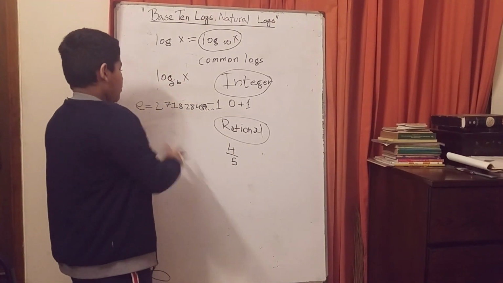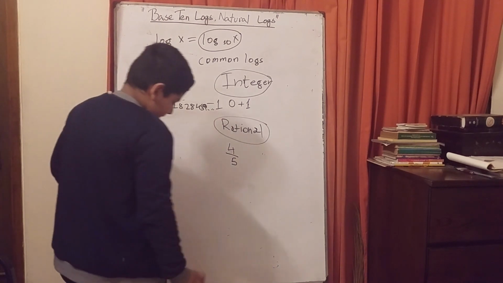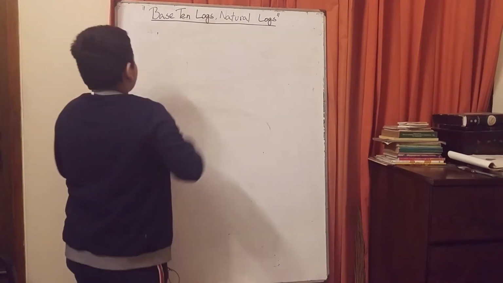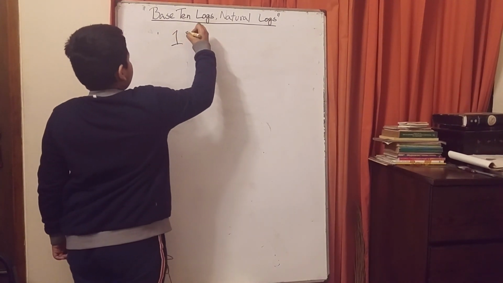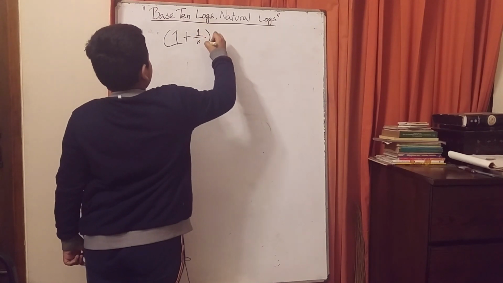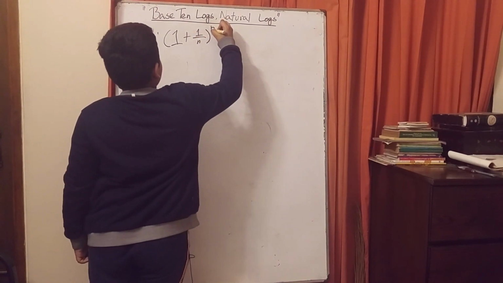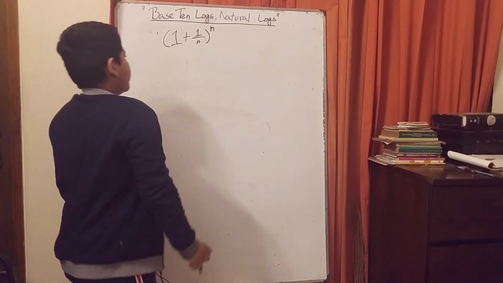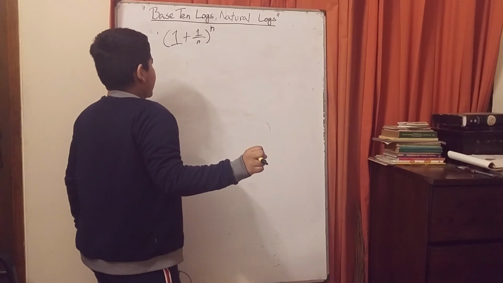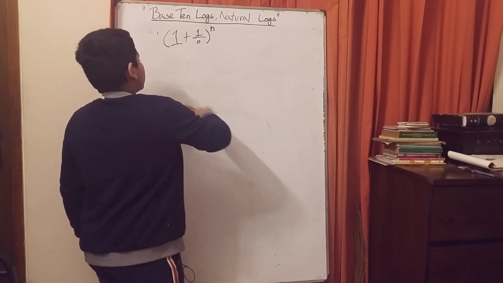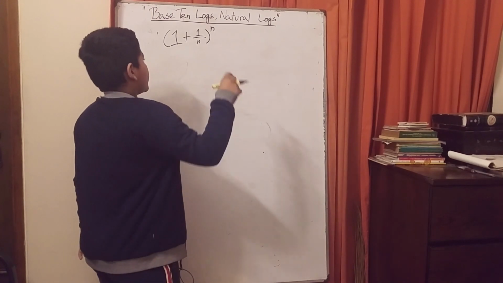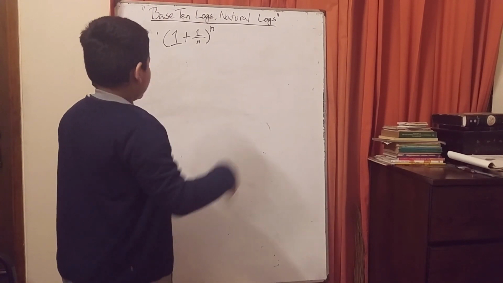Now, how do we derive it? We have an expression for it. We have this expression that is 1 plus 1 over n, all to the n, meaning it will be 1 plus 1 over the unknown number, all to the exponent of that number that was in the denominator.